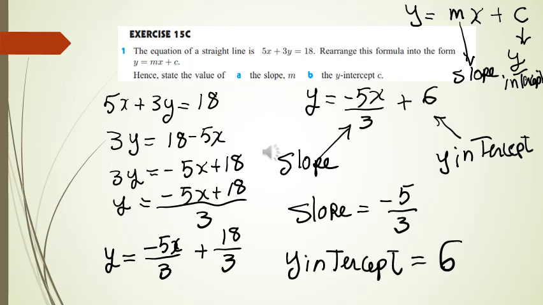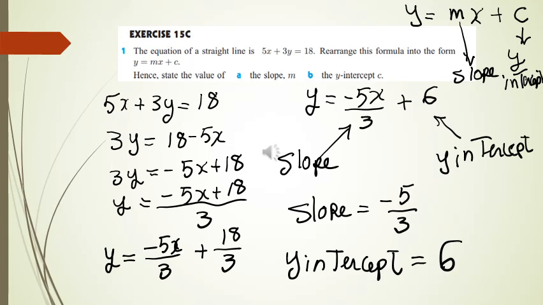Now we are ready to solve for y. So y equals negative 5x plus 18, over 3, because y was multiplied by 3, so we put it on the other side of the equation with the inverse operation of multiplication, which is division.